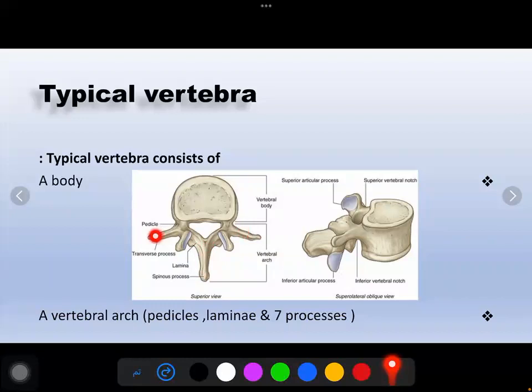The transverse process is formed by a fusion of pedicle and lamina, while the spinous process is formed by fusion of 2 laminae. Also, we have the superior articular process facet to form the superior articular joint, and the inferior articular facet to form the inferior articular joint.